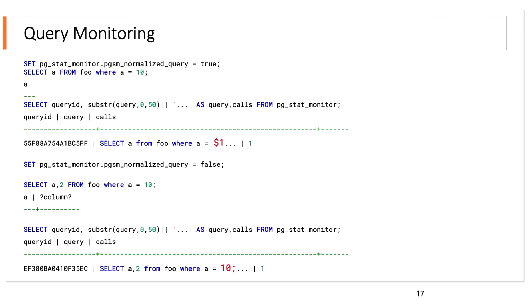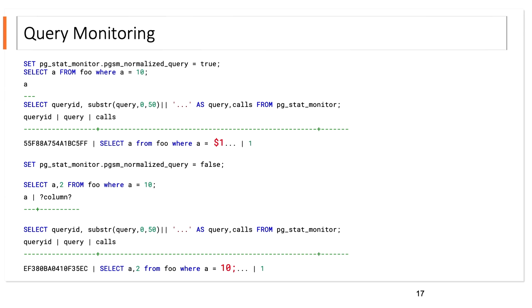But when you see that in PGStat statement, it will show you the placeholder $1. It will not show you the actual value. So if you write 100, 200, 300, it will always show you $1. But in PGStat monitor, we have a mechanism where you set normalized queries to false. If you set that parameter, you can see the actual value of that query.